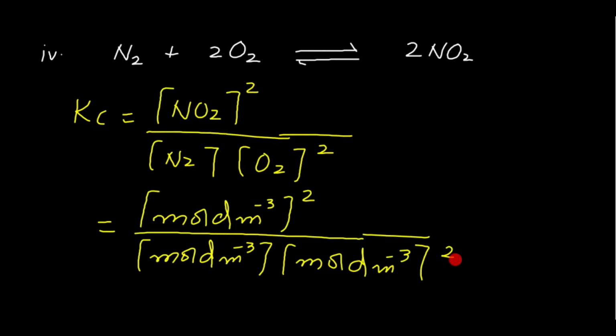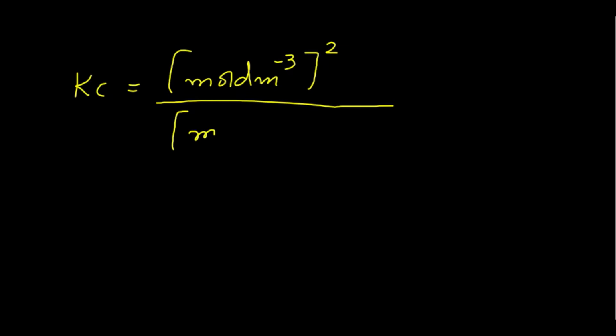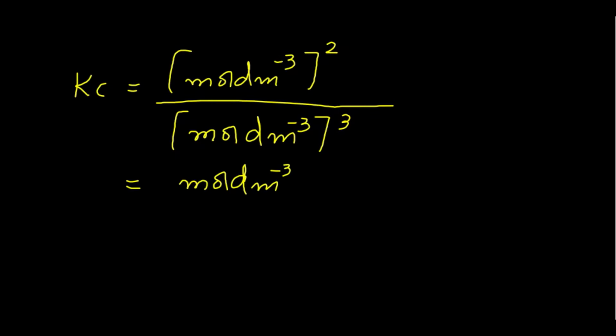Now students, here we can notice 2 plus 1 is equal to 3. Now we will write the next step. In the next step, Kc is equal to mole per cubic decimeter raised to the power 2 over mole per cubic decimeter raised to the power 3, or mole per cubic decimeter raised to the power 2 minus 3.